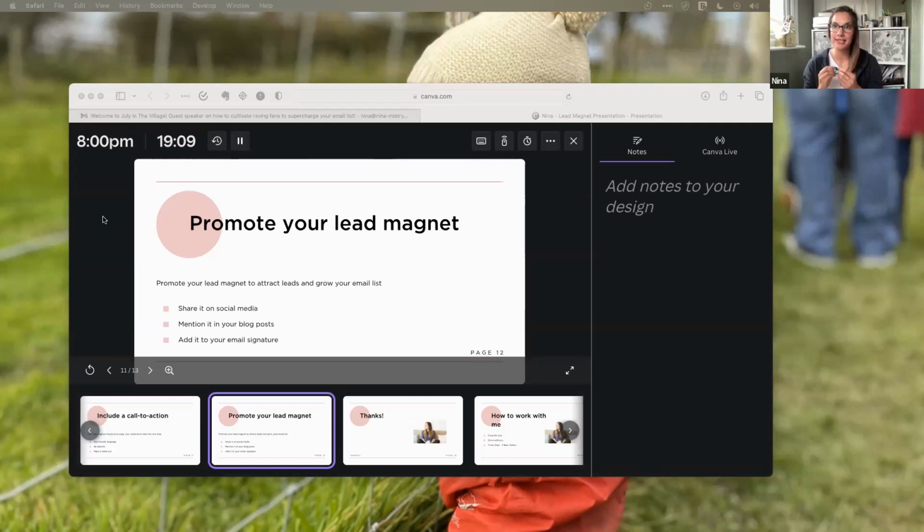And then at the end of it, you want to be promoting your lead magnet. You don't want it sitting there in your Google Drive doing nothing. You want to be promoting it and putting it out there so everyone can use it. So you can share it on your social media. If you have a website, you can create pop-ups for it. You can put it in your footer.